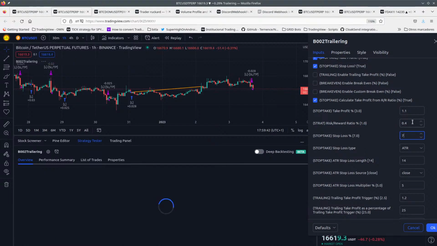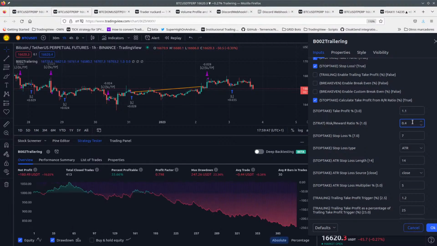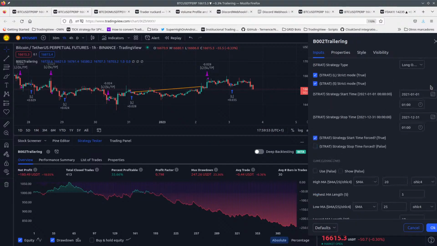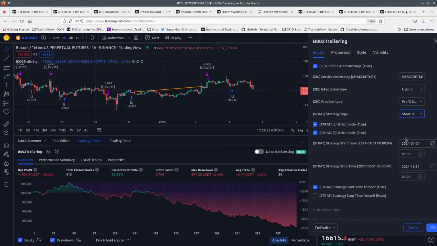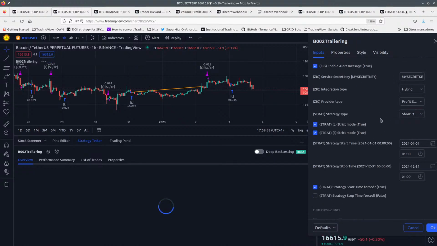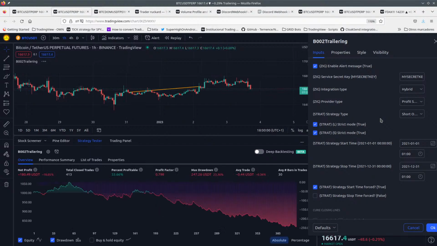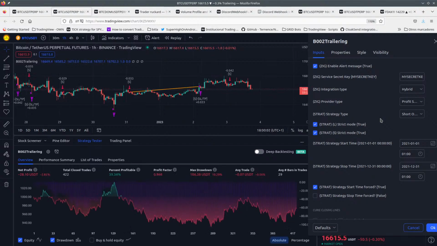This is too much overfitting, isn't it? Yeah, this is too much overfitting, probably. 0.4. What happens with short only? Just to take a quick look at it. Yeah, look at that.